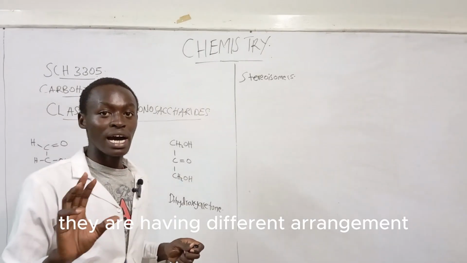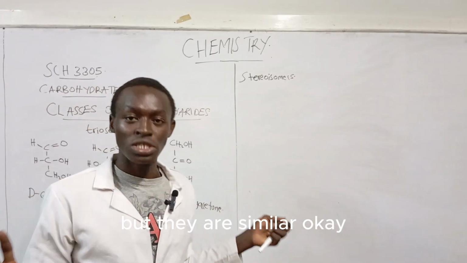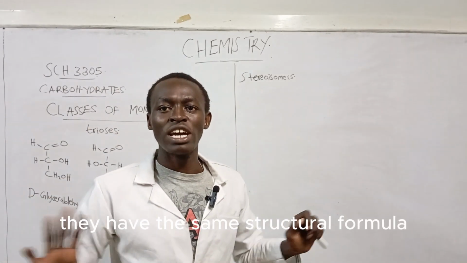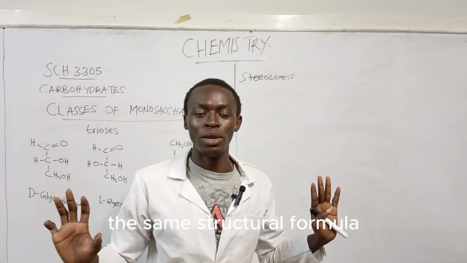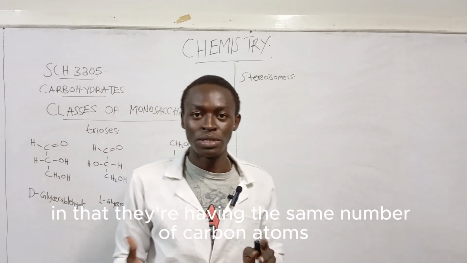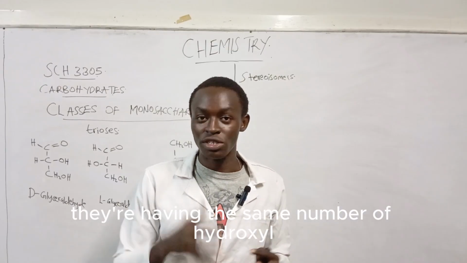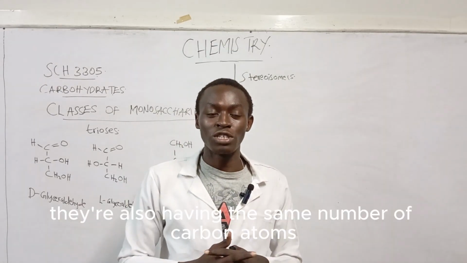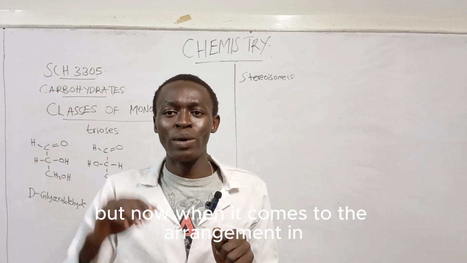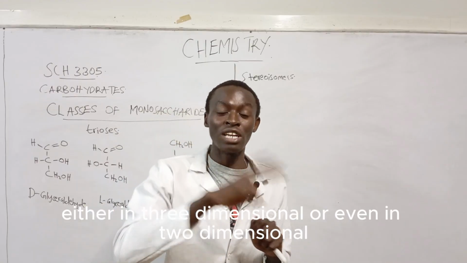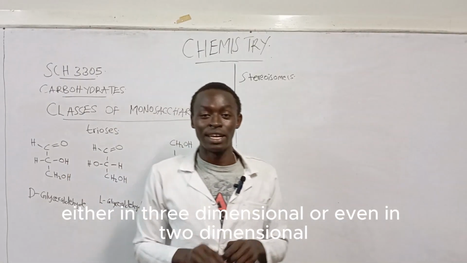They have different arrangements, but they are similar: they have the same structural formula, in that they have the same number of carbon atoms and the same number of hydrogen atoms. But when it comes to the arrangement, in either 3-dimensional or 2-dimensional, they differ.